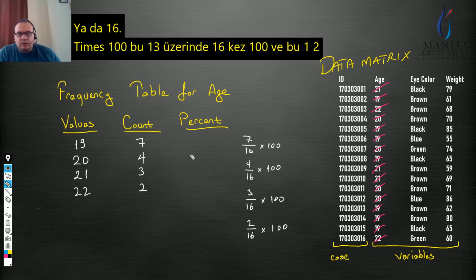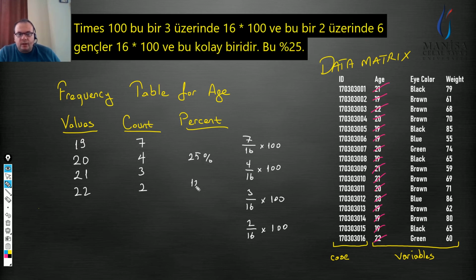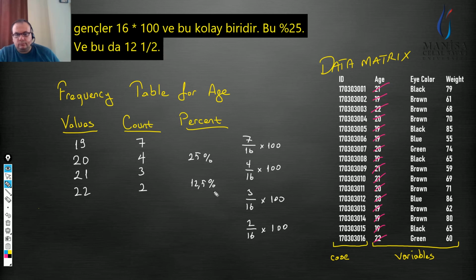This is the easy one. This is 25%, and this is 12.5. Let me calculate the other values.